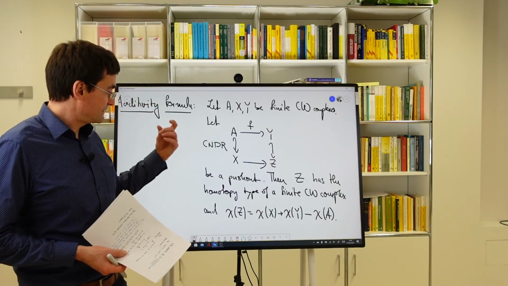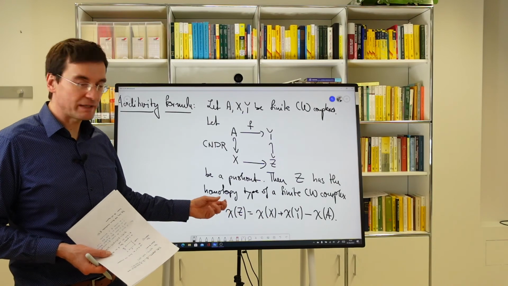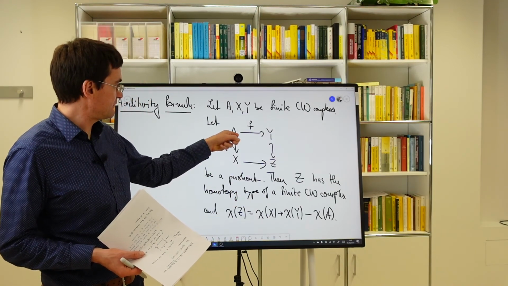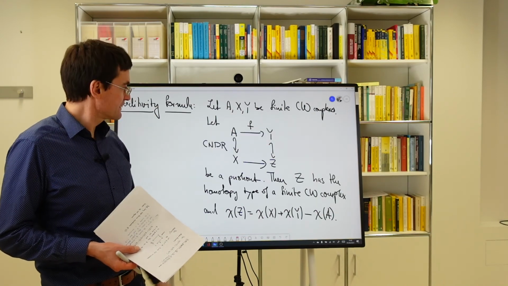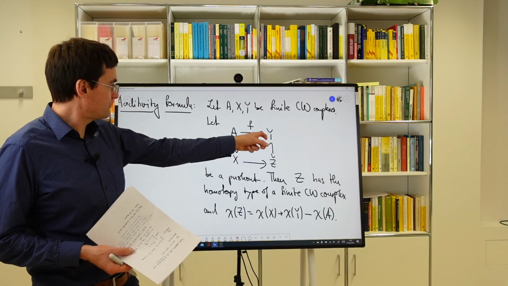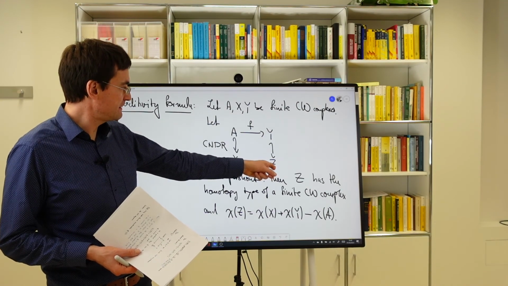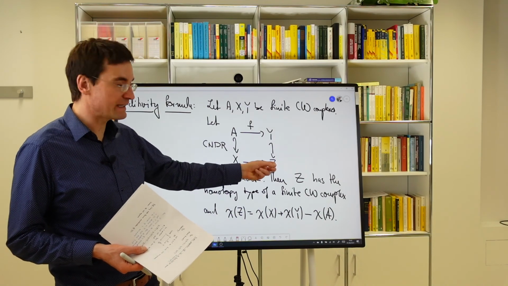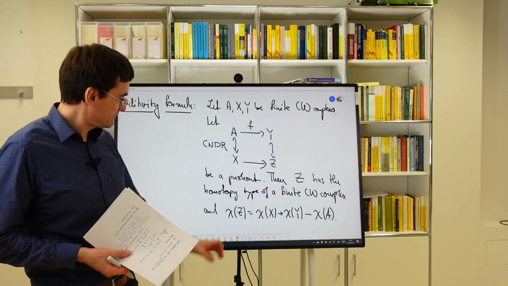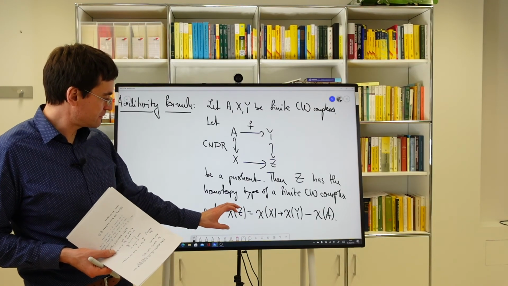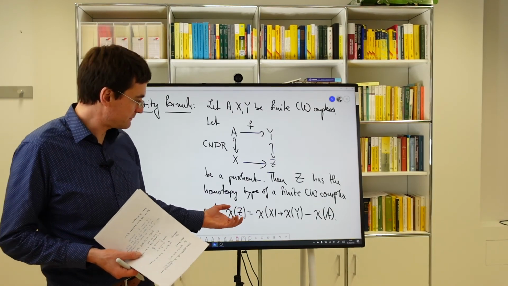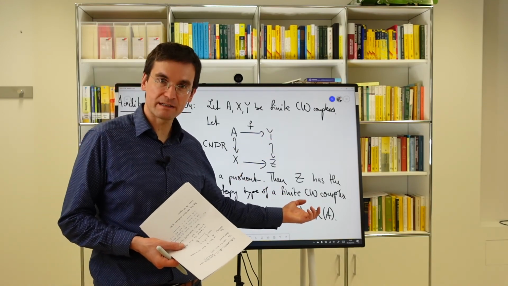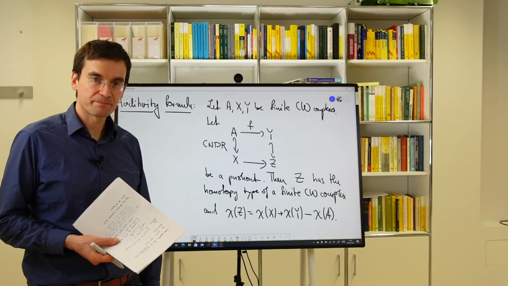And sometimes people say that the Euler characteristic behaves like a measure. And indeed, if you think of the case where F is also an inclusion, then X and Y include into C, and this subspace A is really just the intersection of X and Y within C. And then this property that you see here is that the Euler characteristic of the total space is the Euler characteristic of X and Y minus the Euler characteristic of the intersection.